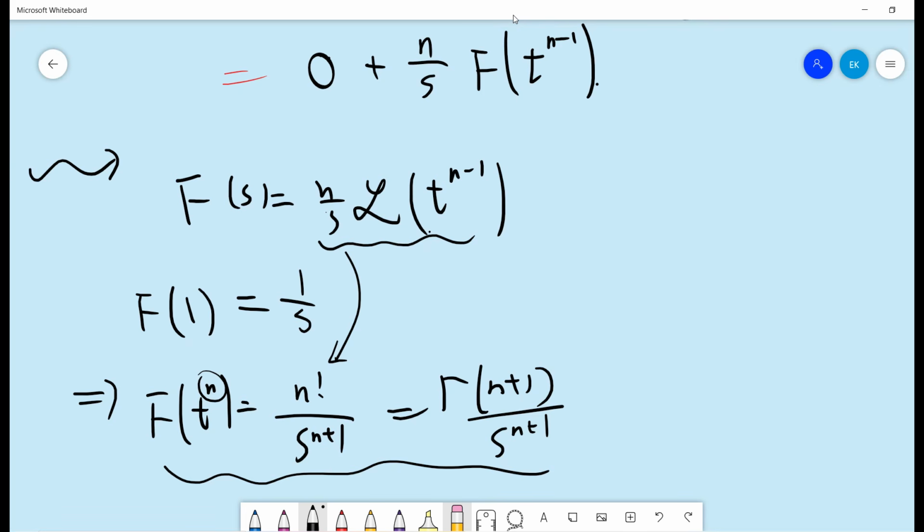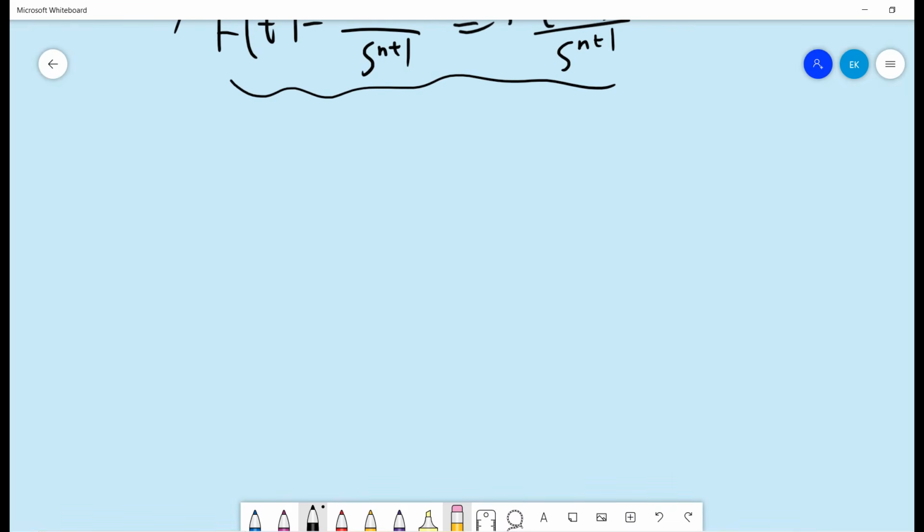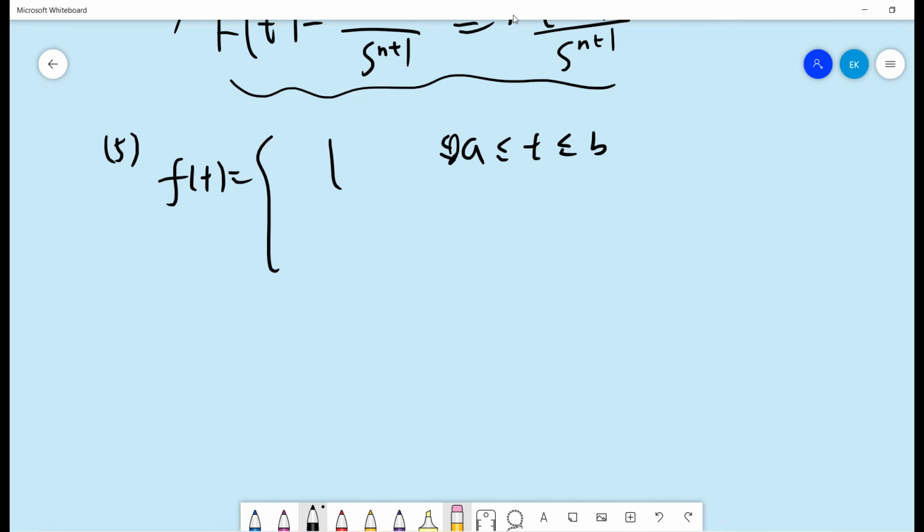Okay, so number 5, this is also a famous example, right? Also easy. So 1 if t is in this range, and else is 0. Okay, so this is also easy just from the definition.